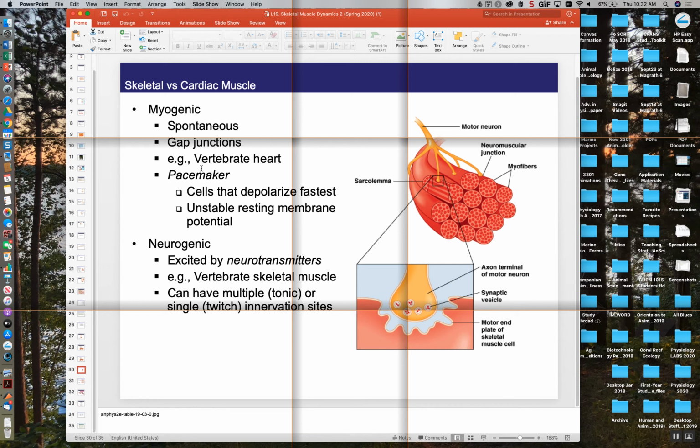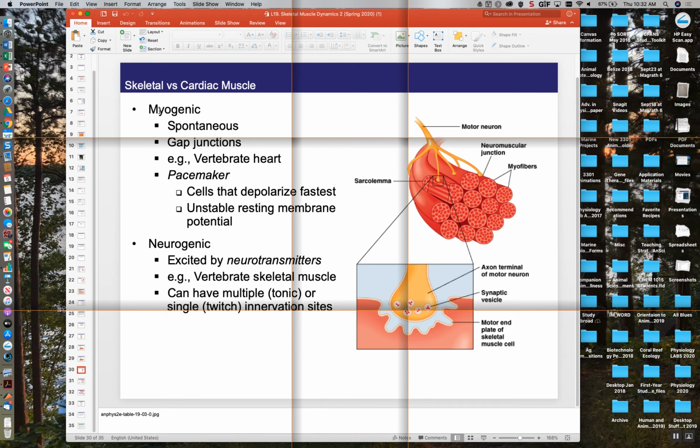Let's go ahead and now talk about the differences between skeletal and cardiac before we move into the cardiac section. Okay? All right, so these are two really important terms that help you distinguish between cardiac muscle and skeletal muscle. All right? So the top part of this slide is actually referring to cardiac muscle in particular.